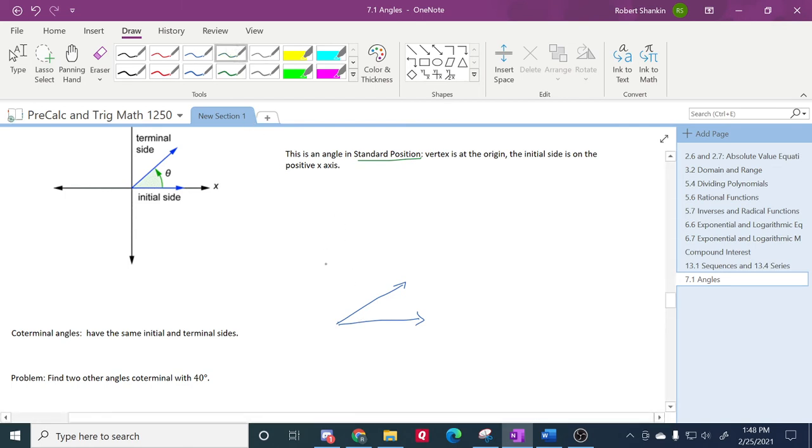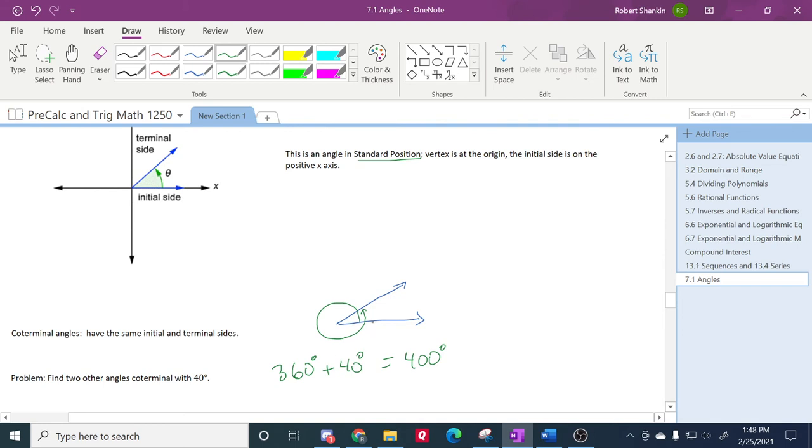Instead of rotating just 40 degrees, you could go 360 degrees plus another 40, which is 400 degrees. That is coterminal with 40 degrees. It has the same initial and same terminal side.